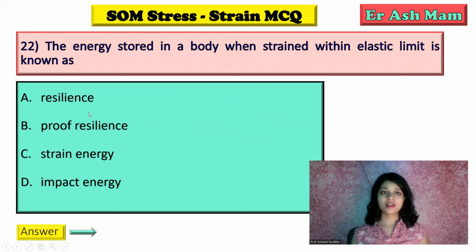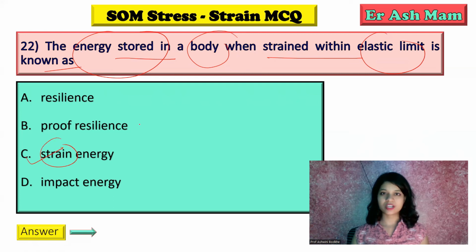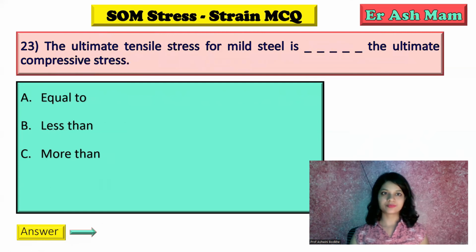Next, the energy stored in a body when strained within elastic limit is known as strain energy. Stored energy, strain energy, that's why we call it strain energy. Answer C is correct.